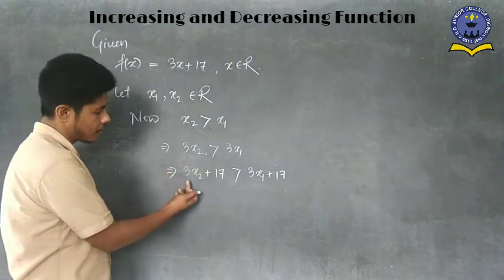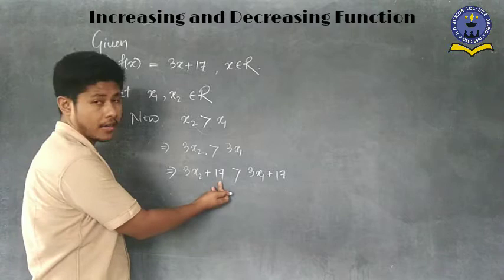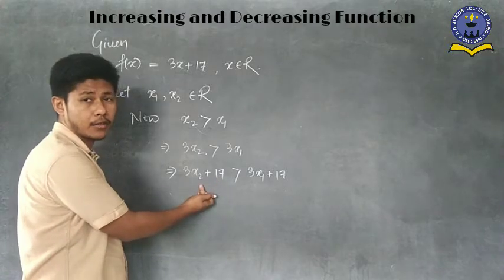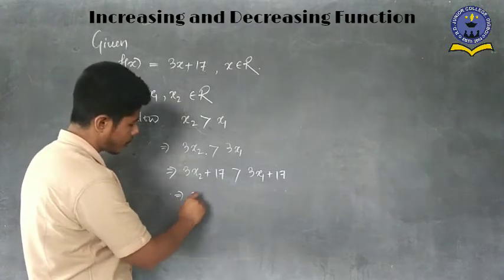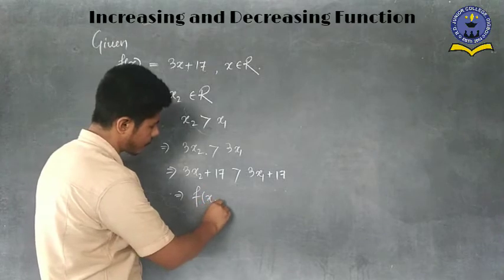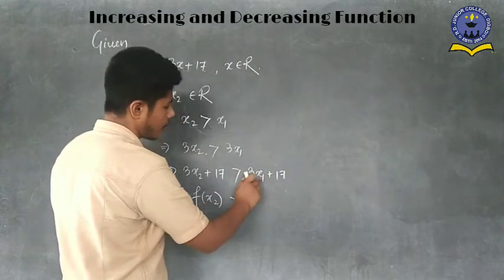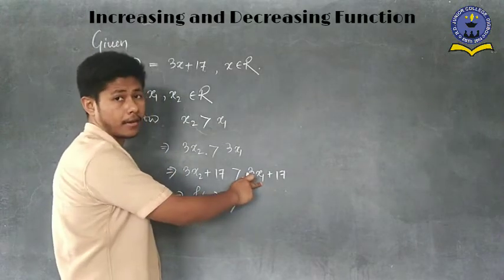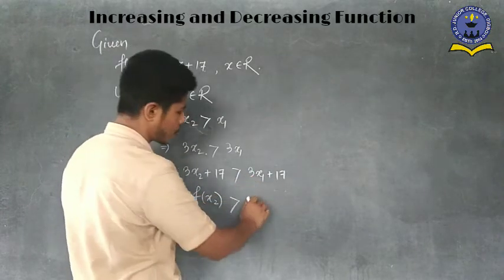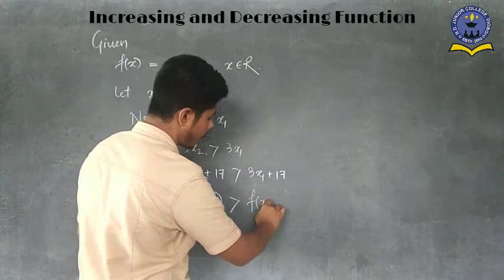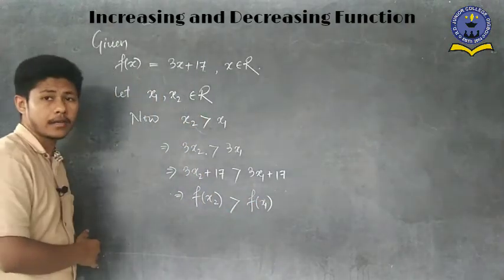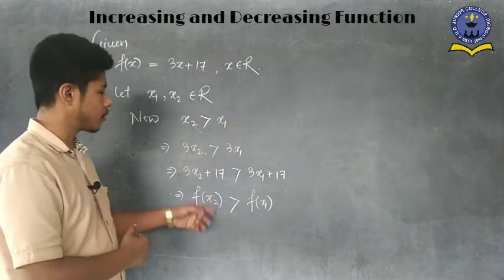So in this case, the result 3x2 plus 17 is the function of x2, so we write f(x2). And 3x1 plus 17 is the function of x1, so we write f(x1). Is it clear? So now we have function of x2 and function of x1.